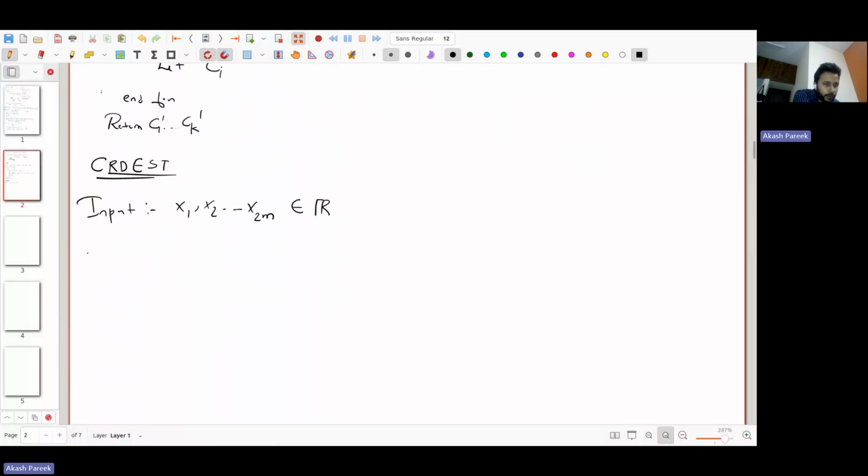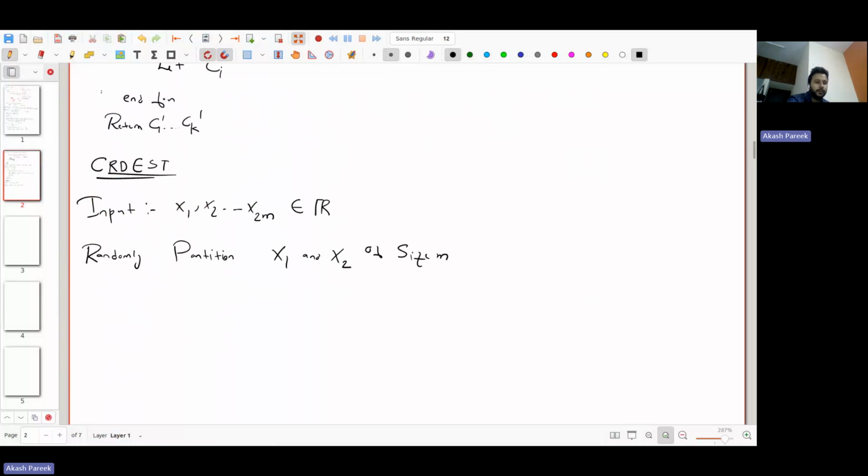So the algorithm goes like this: from these 2m points, we randomly partition them into two equal sets, one denoted X1 and the other denoted X2, so both of these sets have size m.